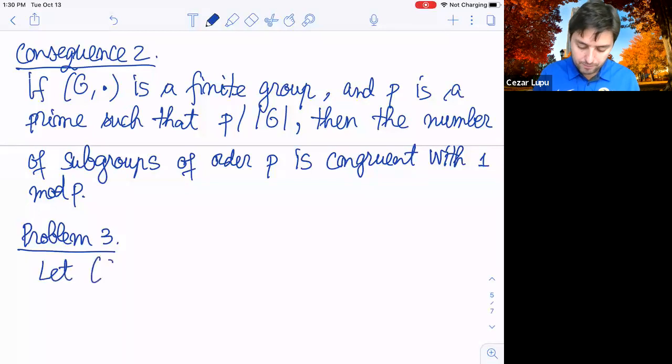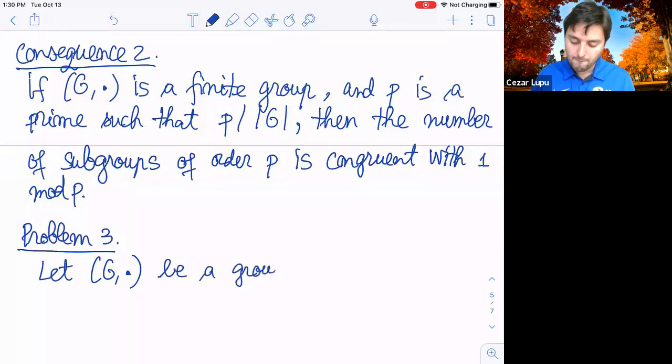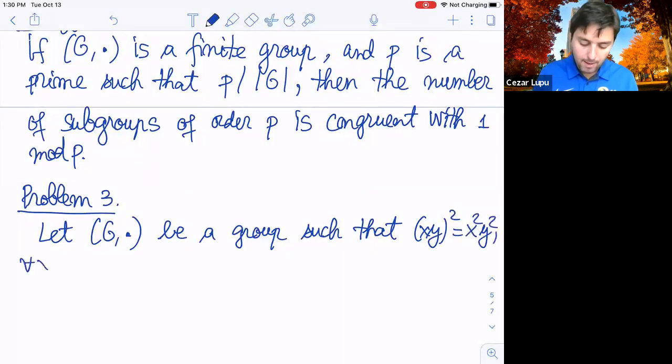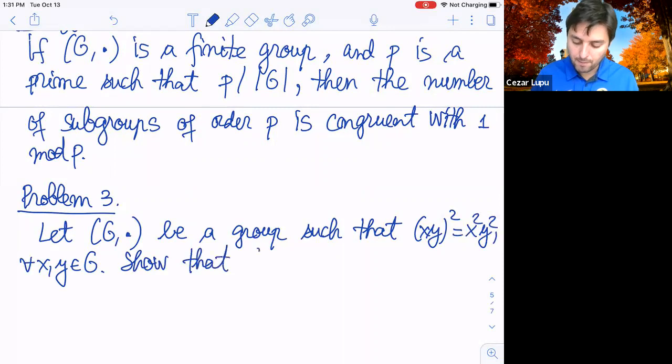Let G with a dot be a group such that (xy) squared is the same as x squared y squared for all x, y in G. Show that G is abelian.